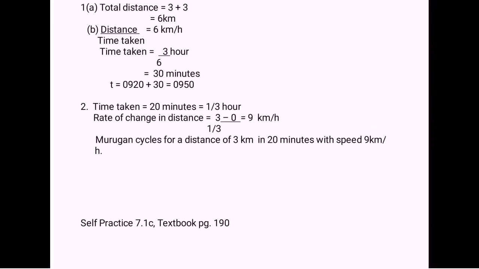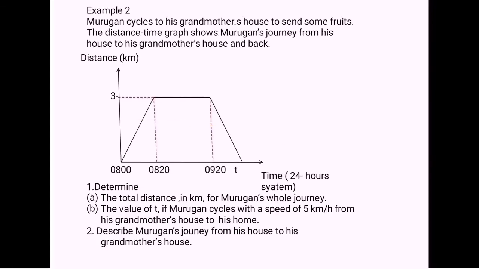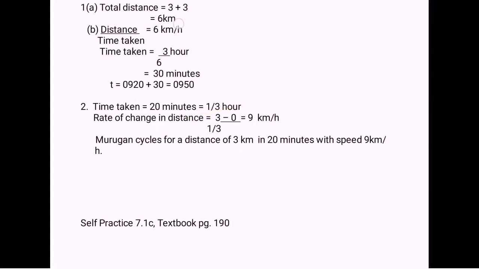Total distance: go 3 km, go back 3 km, so total distance is 6 km. Time taken: we have the speed formula, distance over time taken.